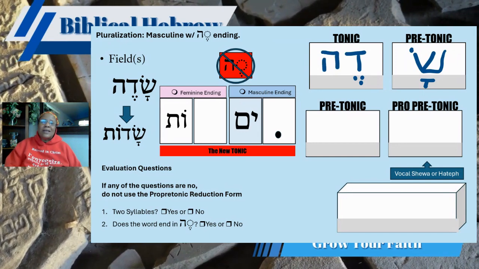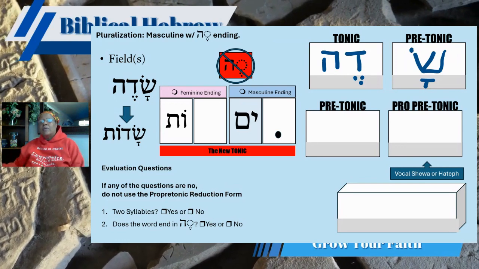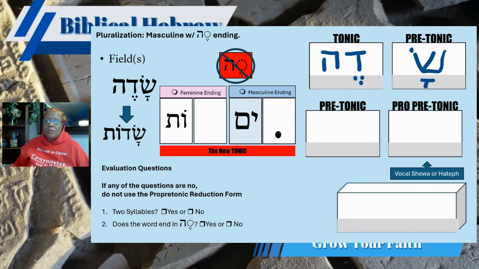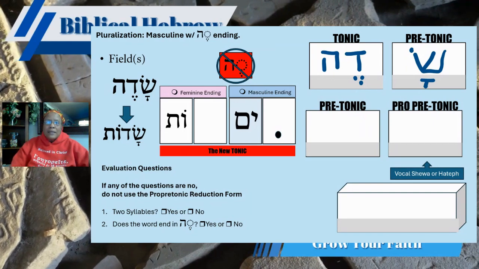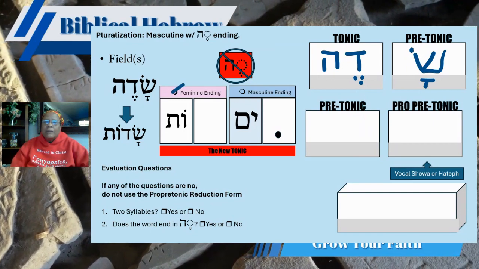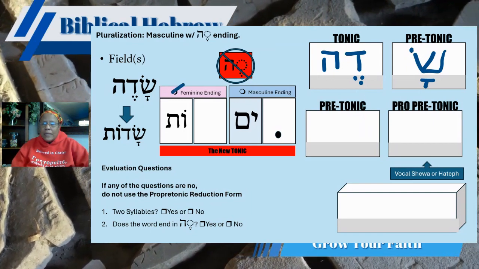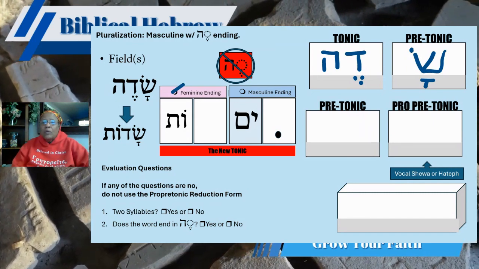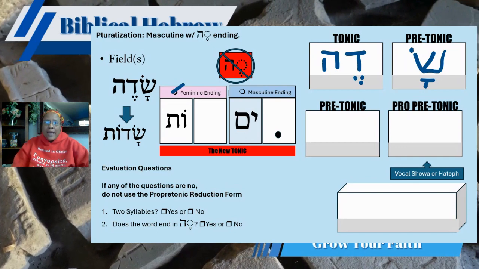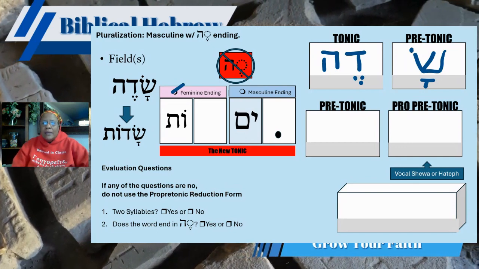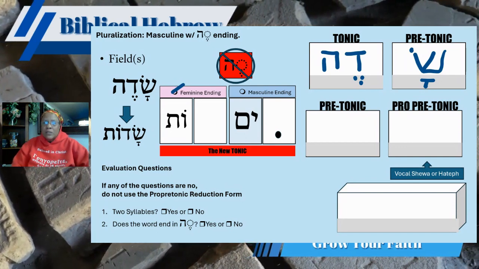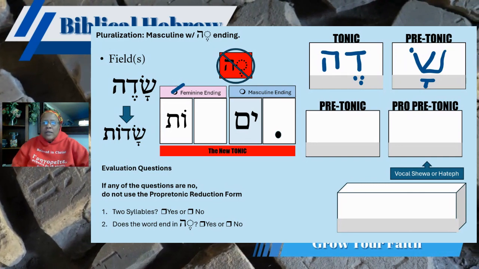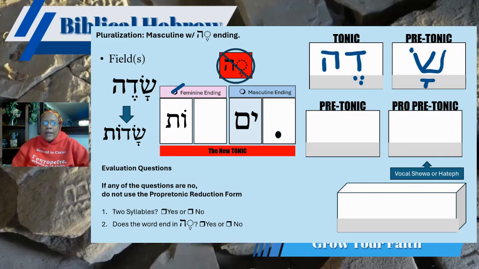This is a masculine, but with a feminine ending, where we will now drop the Segol and the hay.